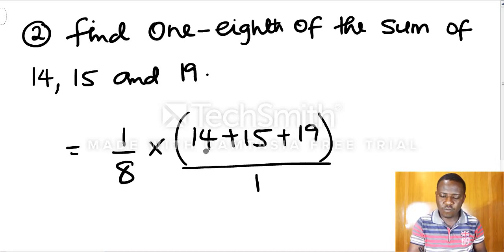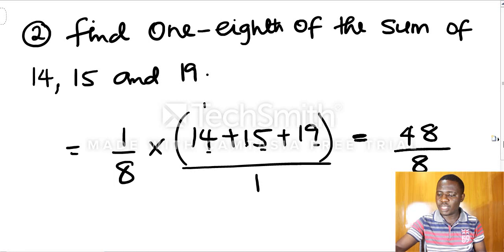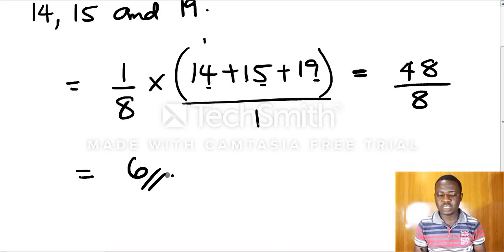So we have 14 plus 15 plus 19, that is 4 plus 5 is 9, 9 plus 9 is 18. You write down 8 and carry 1. This is 1, 2, 3, and 4, giving us 48 divided by 8. And 48 divided by 8 is said to be 6. So 6 is our answer.